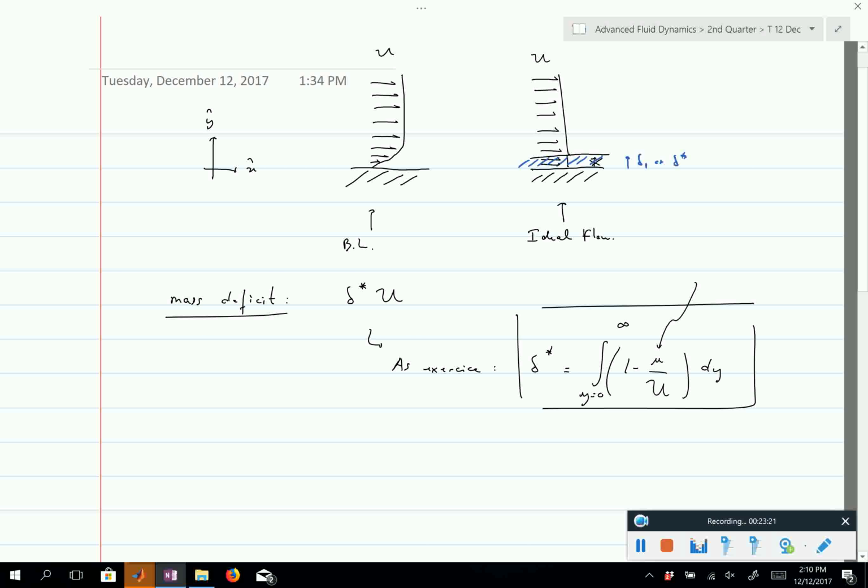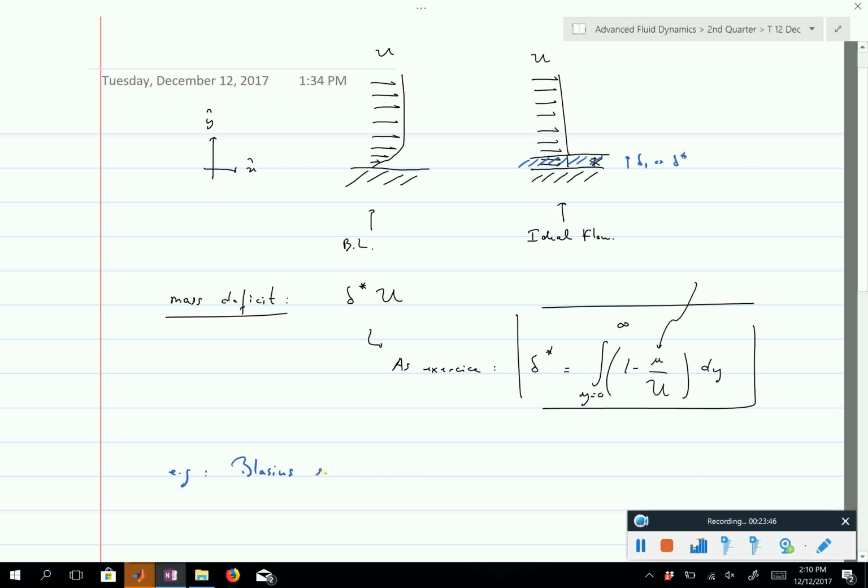I don't know by heart, 1.72, 0.72. Now that would be a good assignment for you, to use the routine that you have now to actually verify that this is indeed the displacement thickness for the Blasius solution.